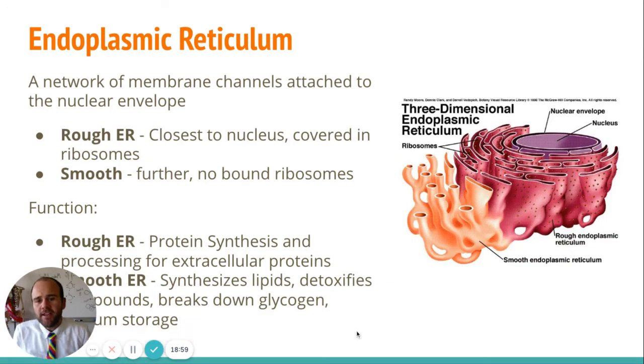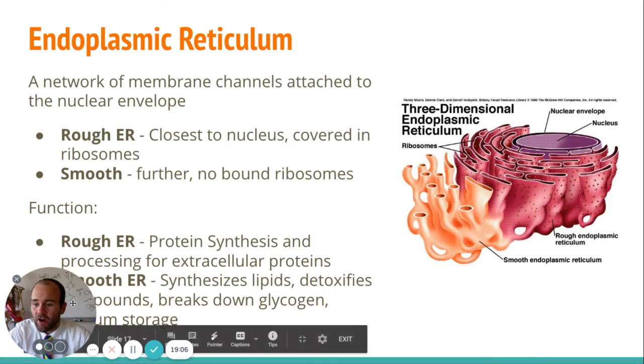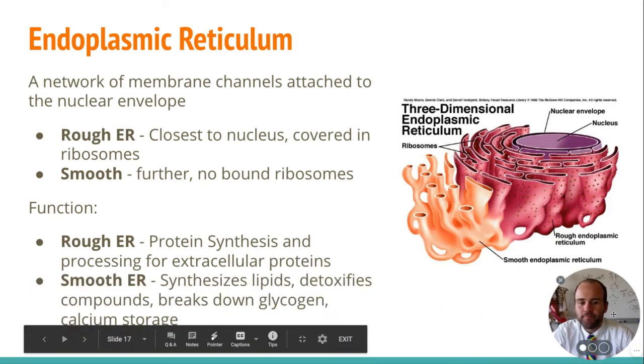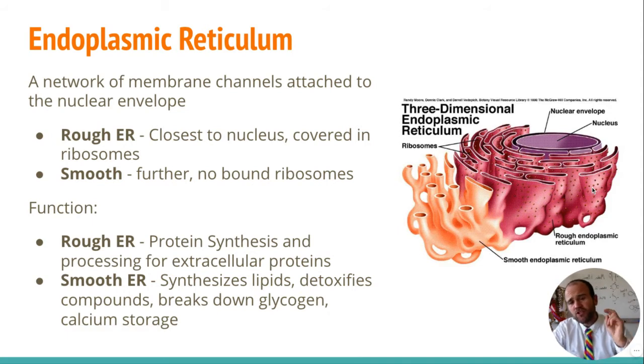So since we're talking about the endoplasmic reticulum already with ribosomes, let's get into what the ER is and what it does. You have two types of endoplasmic reticulum. The rough ER, which is covered in ribosomes, which is why it's called rough. It looks like that candy paper with candy dots on it.